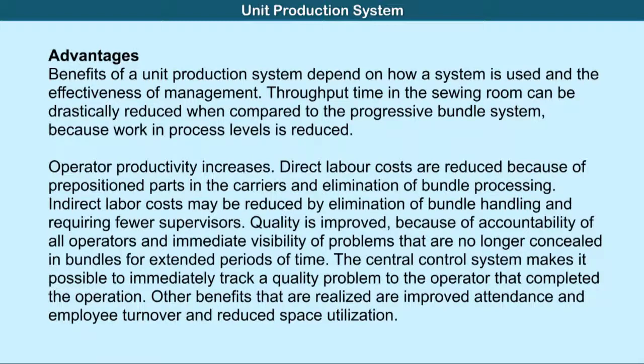Operator productivity increases. Direct labor costs are reduced because of pre-positioned parts in the carriers and elimination of bundle processing. Indirect labor cost may be reduced by elimination of lower parts.